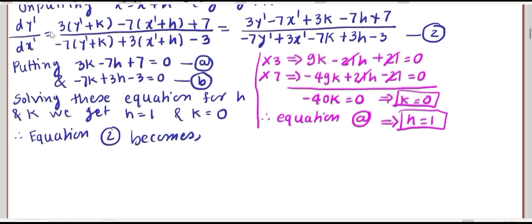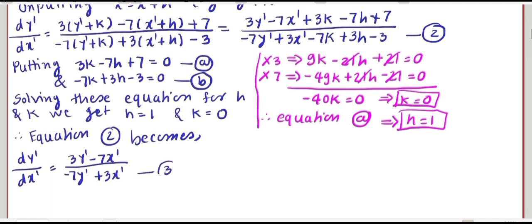Similarly here we get dy'/dx' is equal to (3y' minus 7x') divided by (minus 7y' plus 3x'). So this is equation number 3.